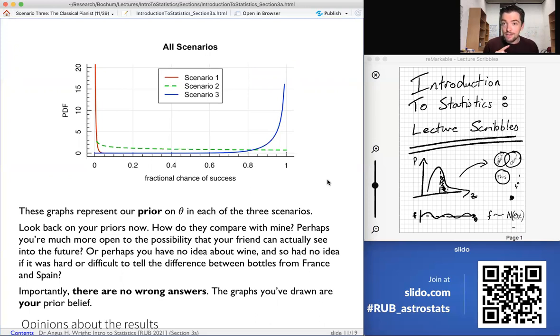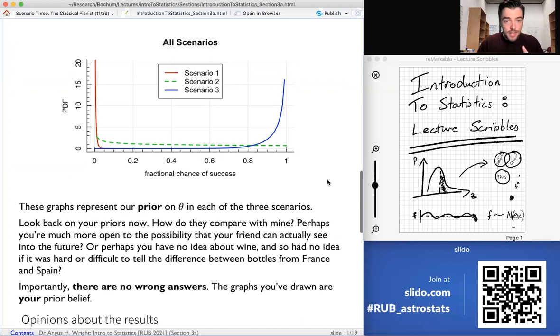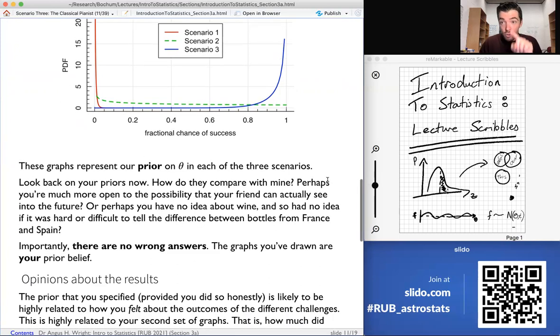The prior that you specify is your prior. It is entirely subjective. And what that means, we're going to see, is that the outcome of Bayesian inference will be vastly different depending on your prior belief. It's a fundamental part of Bayesian statistics we're going to see. These graphs that you've drawn are your priors.